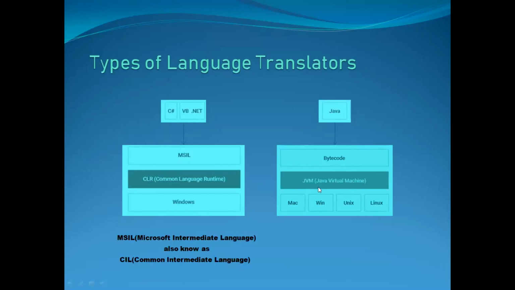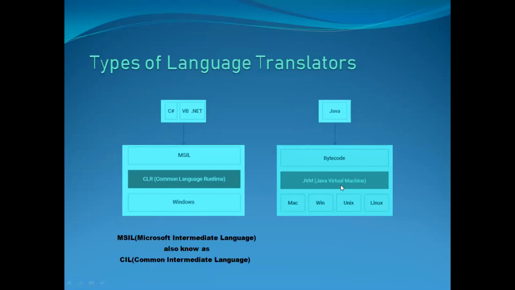This JVM understands its corresponding operating system, whether that operating system is from the Macintosh family or Windows or Unix or Linux. So that's the way we say that Java is a platform independent language.